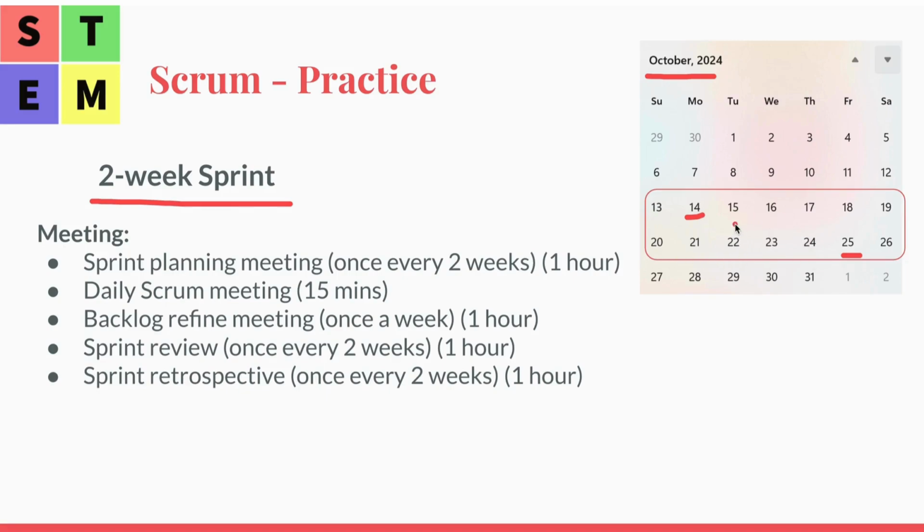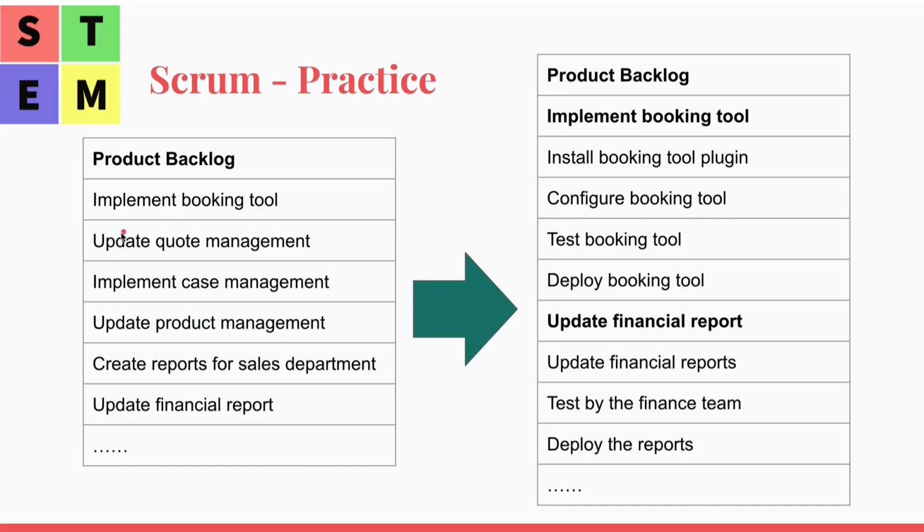So we're going to take a look at the next page. From the product backlog, there are two features, implement booking tool and update financial report. Those 2 features do have implementation steps that we need to take.